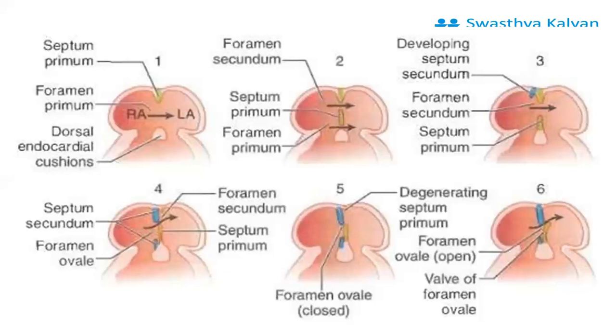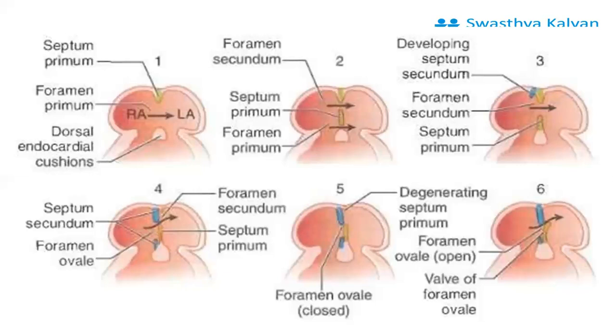Now there is a development of the septum secundum alongside the septum primum. This septum secundum further elongates and gives rise to a single opening, which is known as the foramen ovale.